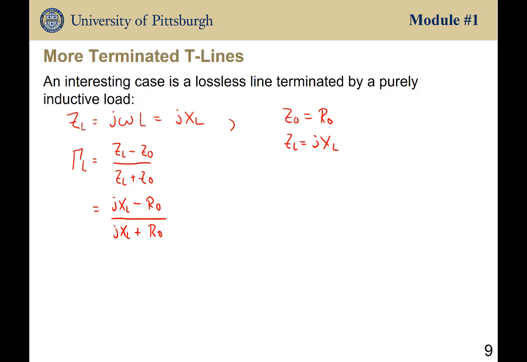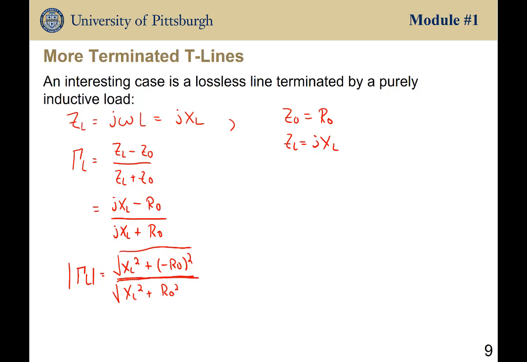Let's think about the magnitude of the reflection coefficient. Taking the magnitude of a complex number, I take the square root of XL squared plus R naught squared on top, and the same on the bottom.